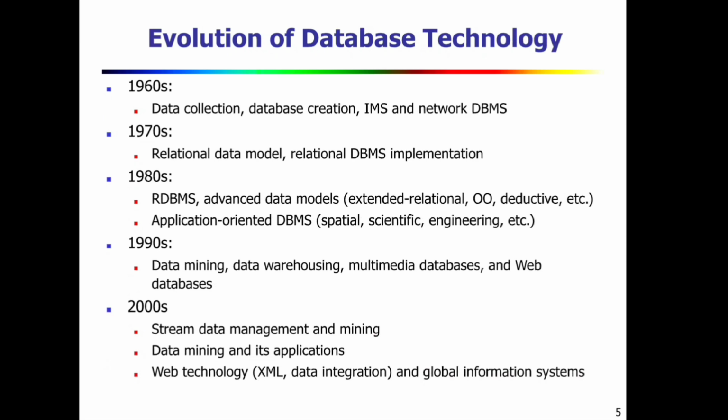In the 1970s, the researchers dealing with storing data also thought of having a relational data model and relational DBMS implementation. In the 1980s, RDBMS and advanced data models, extended relational, object-oriented and deductive-based. So all those concepts started. Application-oriented DBMS started based on spatial, scientific and engineering models.